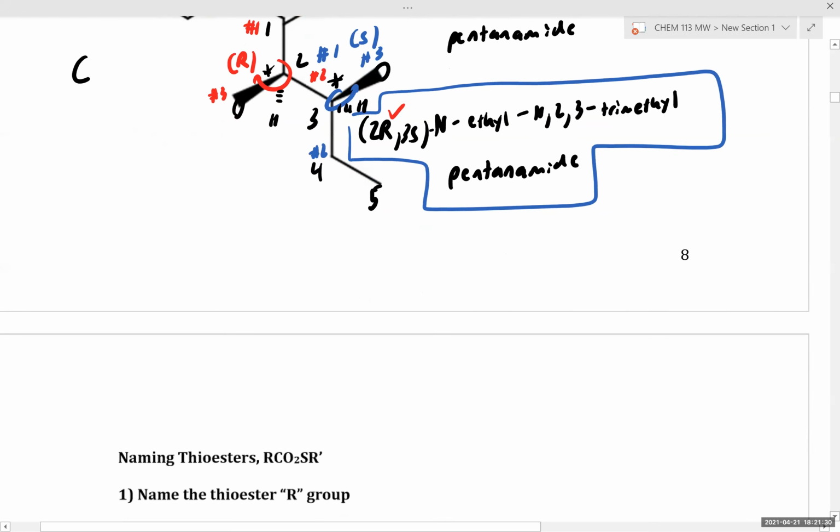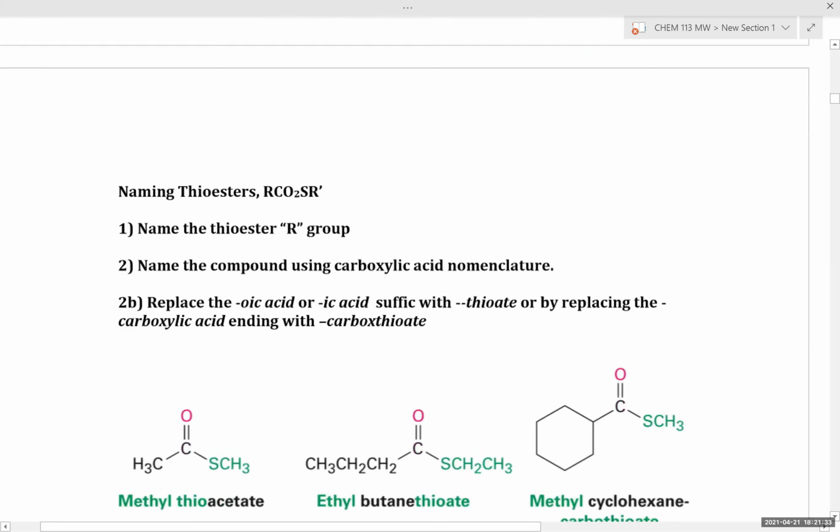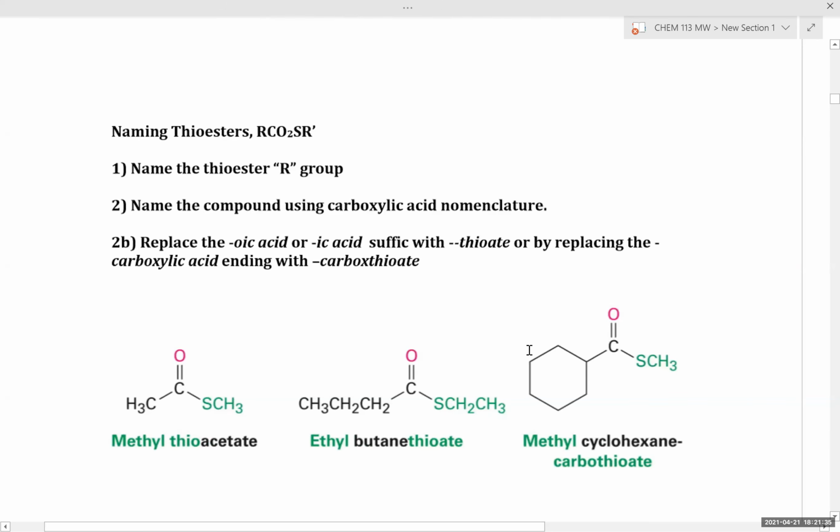Okay, so let's keep going then, and let's talk about the naming rules for thioesters. When dealing with thioesters, first you name the thioester R group, then you name the compound using carboxylic acid nomenclature, and then from here you replace the oic acid or ic acid suffix with thioate.